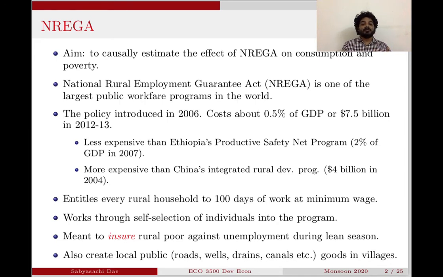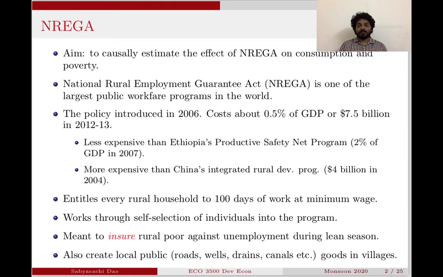and the process is that the local government, since it's the implementing agency, receives demand for work from local villagers. So if I'm a local villager, I have to create a job card under this program.